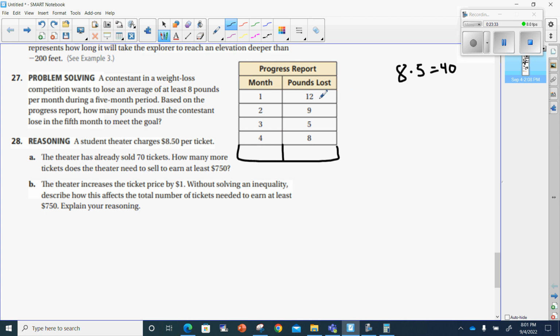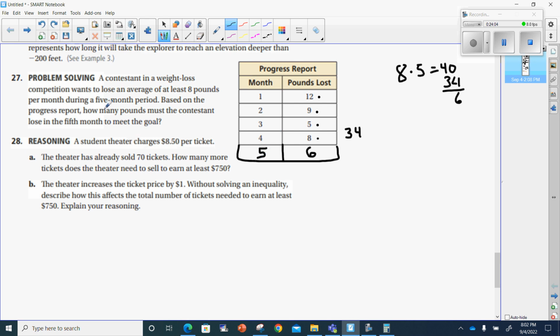We got 12 and 8, that makes 20. 20 and 9 make 29. And then plus 5 more, that's going to be 34. So far we have 34. That tells me we're going to have to lose, well, 40 minus 34 makes 6. So that tells me we'll need 6 more pounds here in month 5.